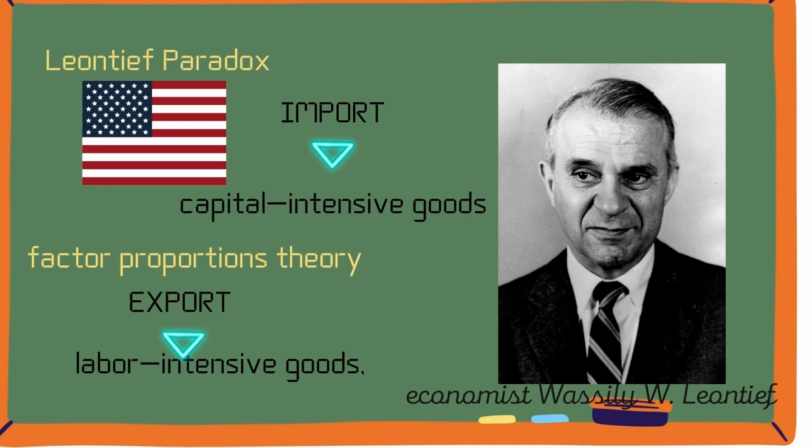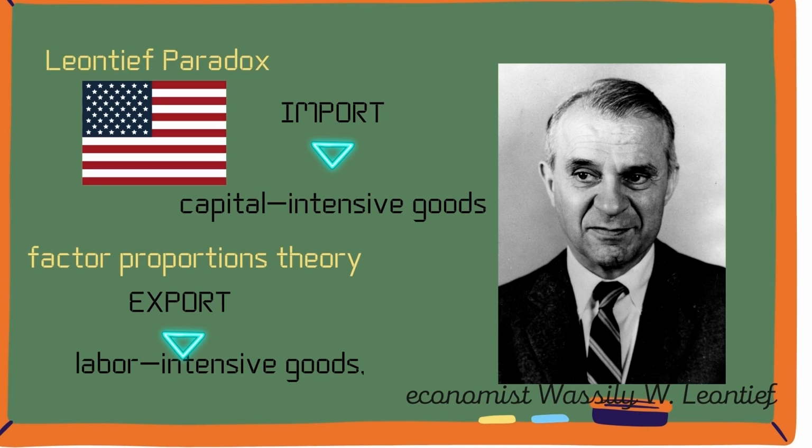The United States was importing more capital-intensive goods. According to the factor proportions theory, the United States should have been importing labor-intensive goods, but instead it was actually exporting them. His analysis became known as the Leontief Paradox because it was the reverse of what was expected by the factor proportions theory.